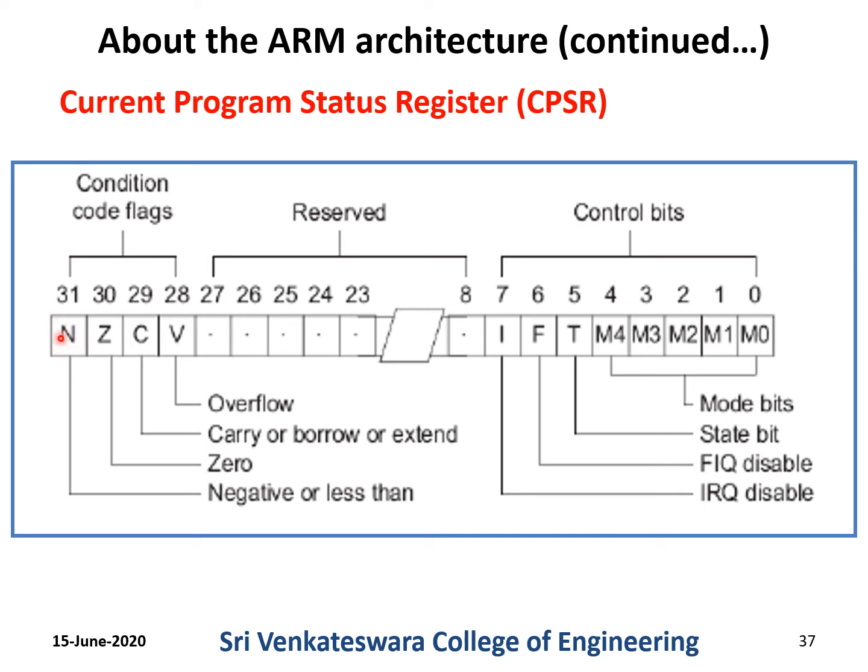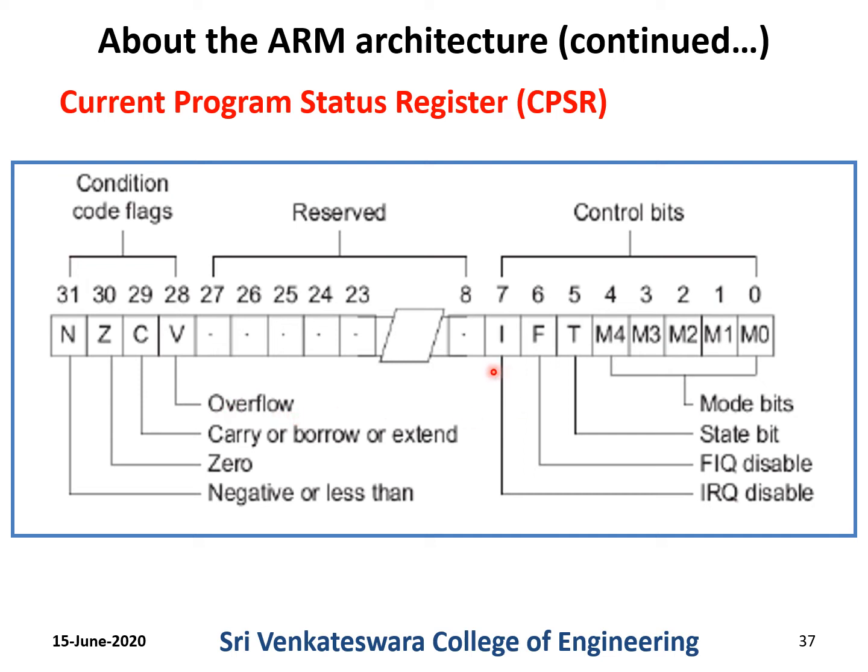The Z flag indicates whether the previously performed arithmetic logical operation resulted in all 0 values in the result destination register. The carry flag indicates whether the previously performed arithmetic operation resulted in a carry. The V flag, or overflow flag, indicates if the value has exceeded the permissible range of values.